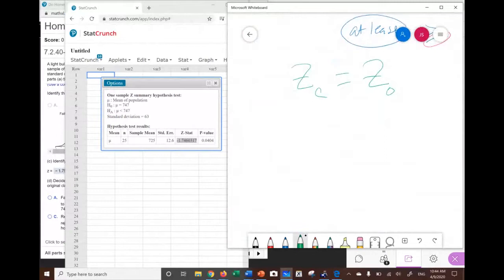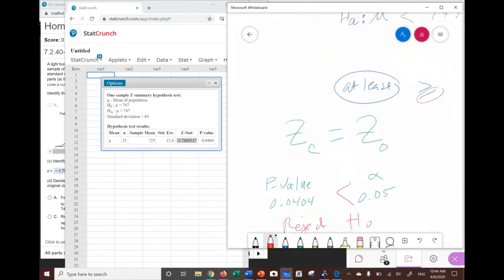Here, the p-value is 0.0404 and alpha is 0.05. Notice that from this problem, the alpha is bigger than the p-value, or the p-value is less than alpha, because 0.04 is less than 0.05. If the p-value is less than alpha, we reject H note.